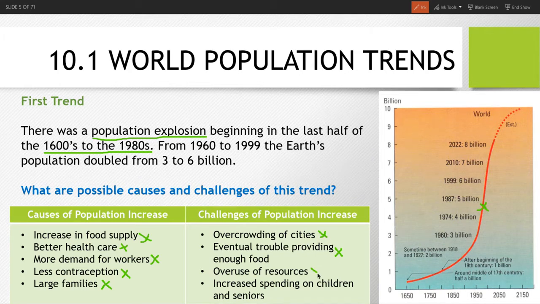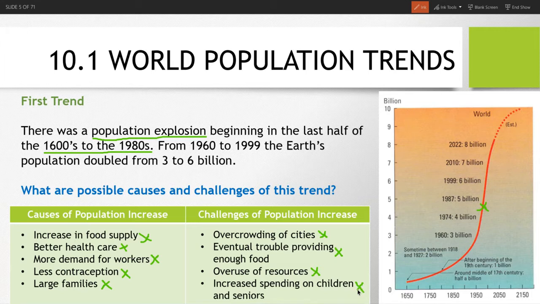Overuse of resources. With more people, we need more things, material goods, raw materials from the earth. So there's certainly an environmental impact there. Could result in things like deforestation, pollution, and so on.